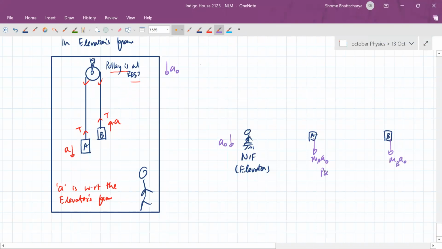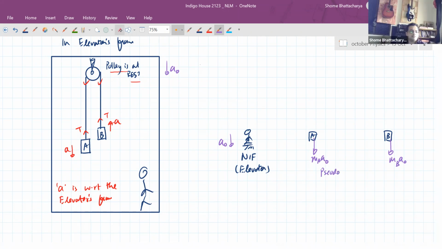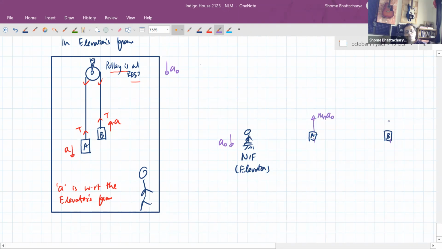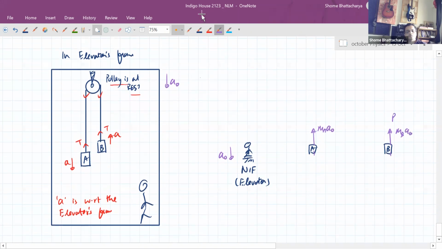Sir, pseudo force will be in upward direction, no? Oh, sorry. Yeah. In this case, correct. My mistake. The lift is not accelerating upwards. The lift is accelerating downwards. Okay. So pseudo force should be opposite that. That's correct. Okay. So these two are the pseudo forces acting on each of them.